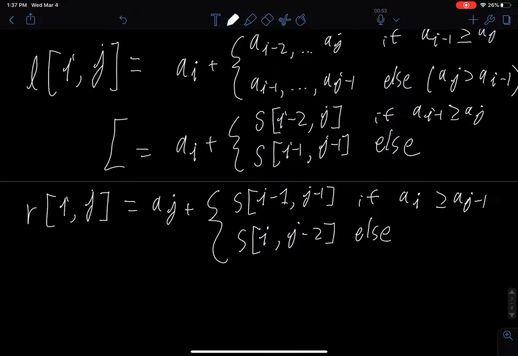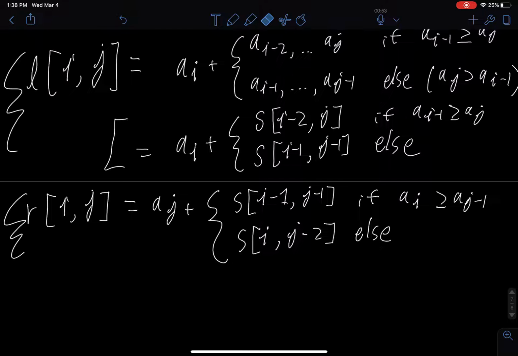Now, we've written down what look like satisfactory recurrence relations for both L and R. Will these actually work? When you're writing DP problems, after you think you've come up with your recurrence relations, it's really important to step back and say, do we have any circular dependencies? Are we relying on a solution that relies on ourself in order to compute?